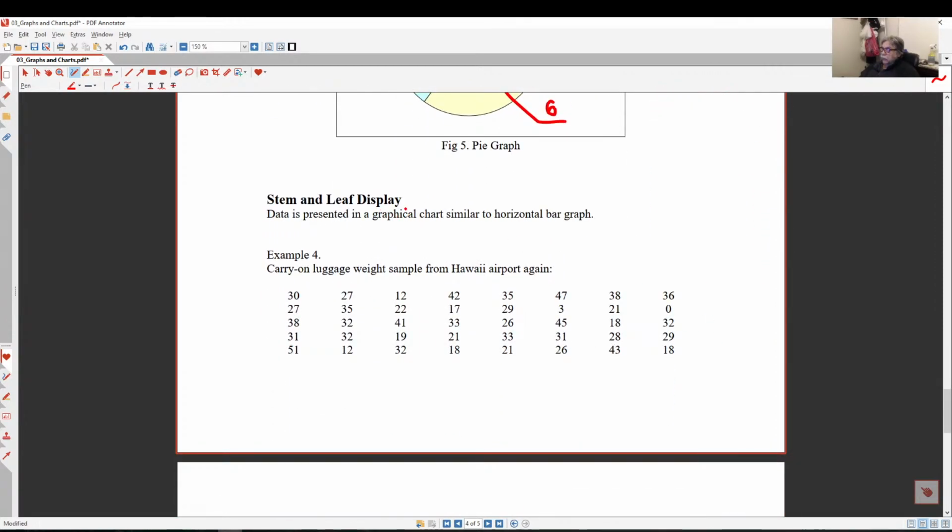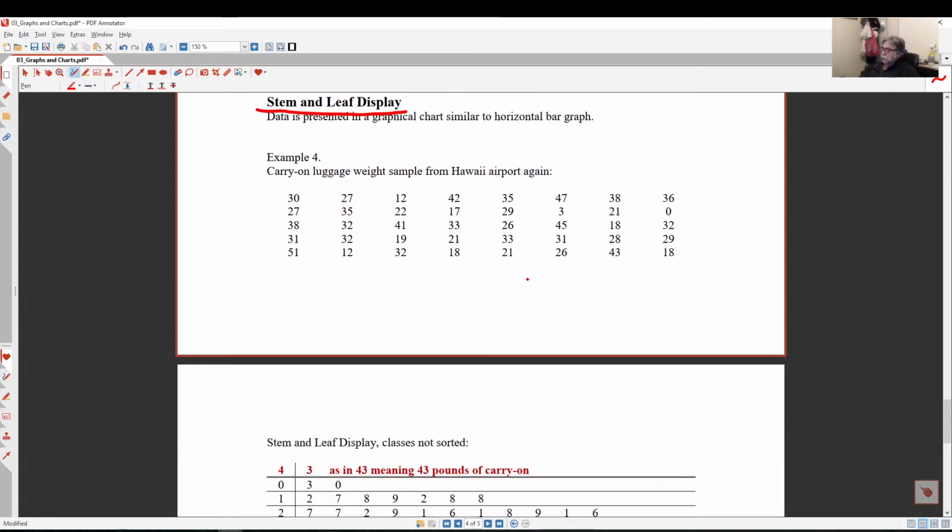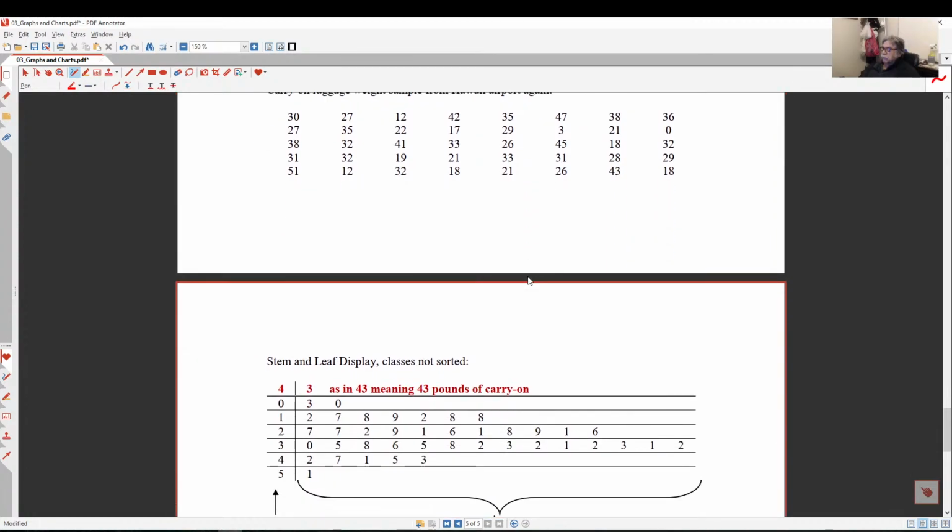Stem and leaf display. That is also a graphical display, but it's more than that. It serves also for sorting. So I have a sample of 40 here that is representative of the carry-on luggage weight in pounds from a Hawaiian airport. Okay, so if I want to organize this data, I want to sort it first.